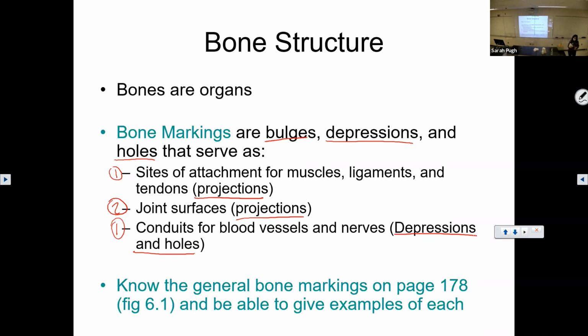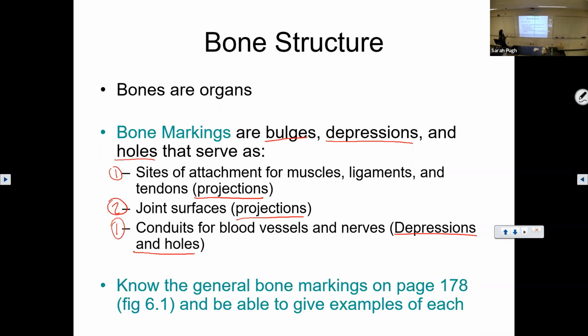You're going to be looking at the skull on Wednesday, and you can see there are a lot of holes in the skull, right? These are allowing blood vessels and nerves to pass up to the brain and back down, okay? So holes are there to allow things to pass through the bone. Projections are there because you've got big muscles or you're forming a joint.